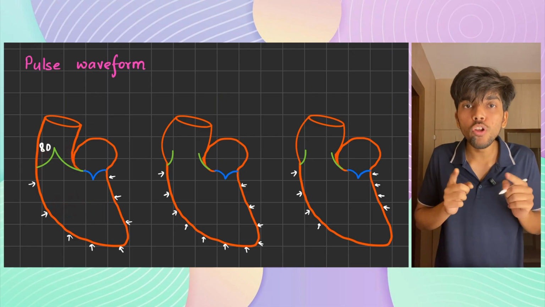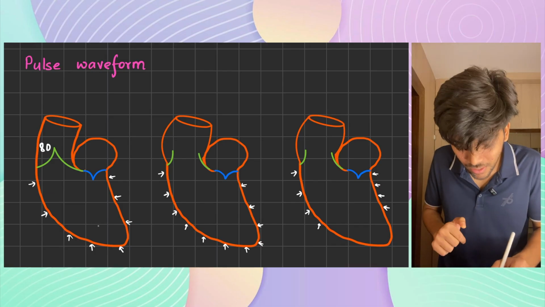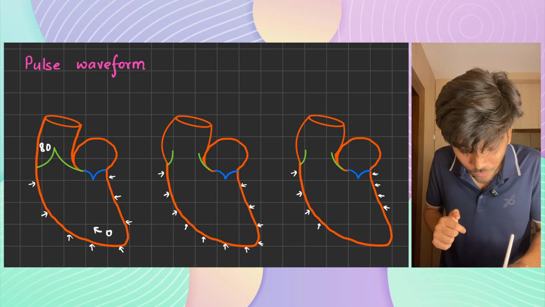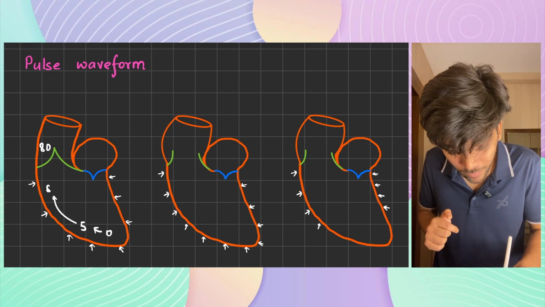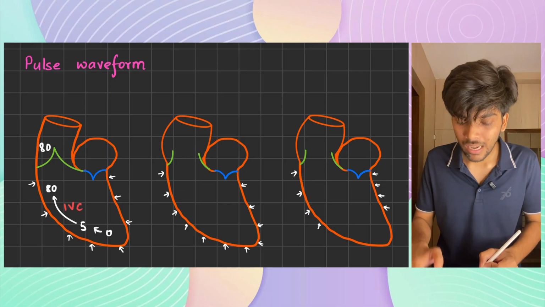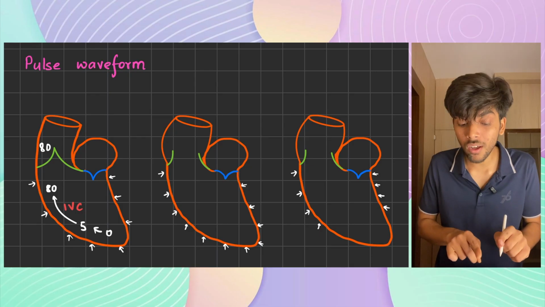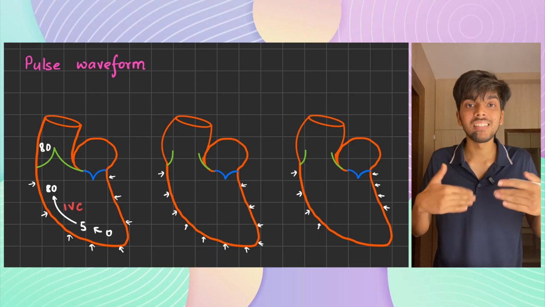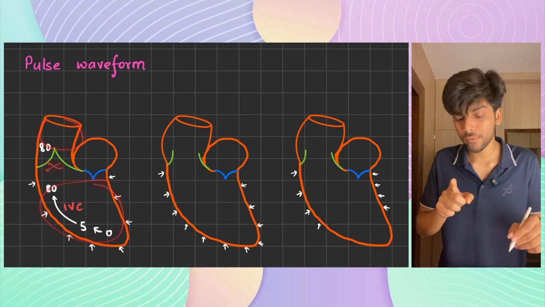In isovolumetric contraction of the ventricle, the pressure inside the ventricle increases from 5 mm of Hg till 80 mm of Hg. In isovolumetric contraction, the pressure is not strong enough to open the valve. As a result, there is no communication between left ventricle and aorta.